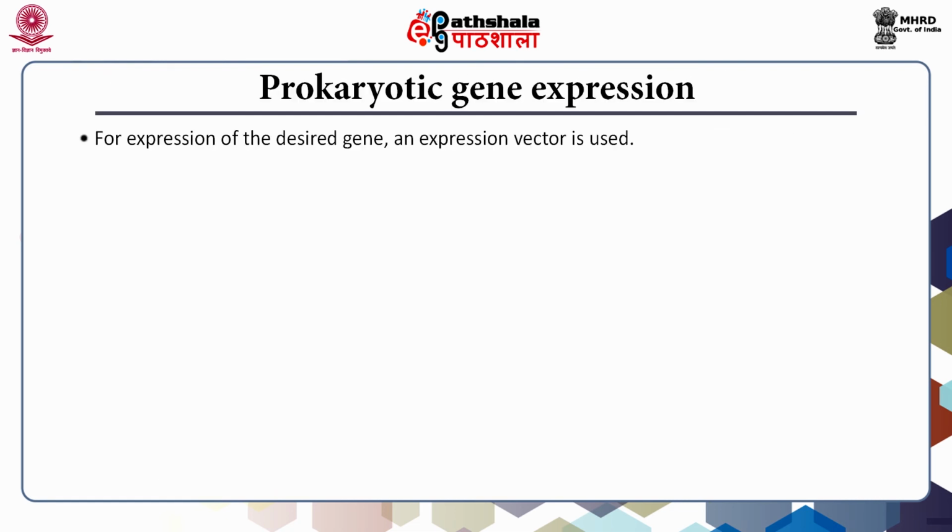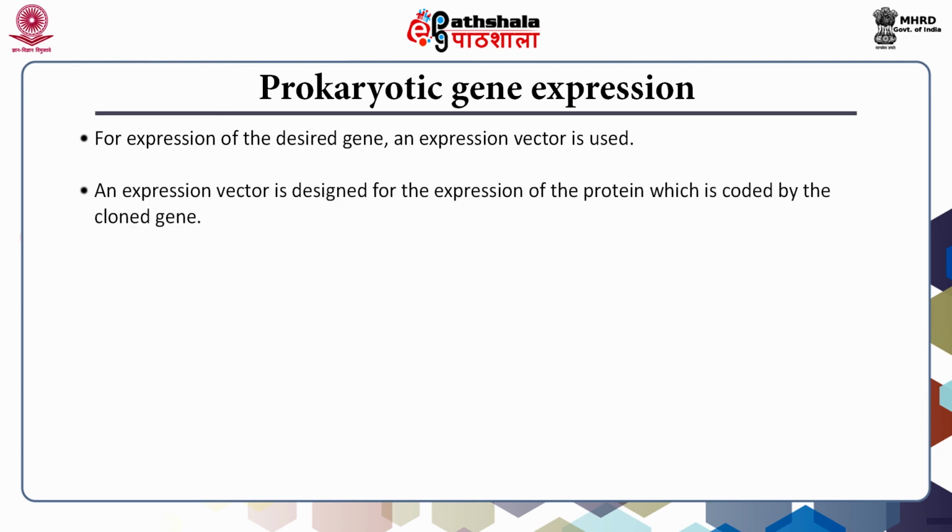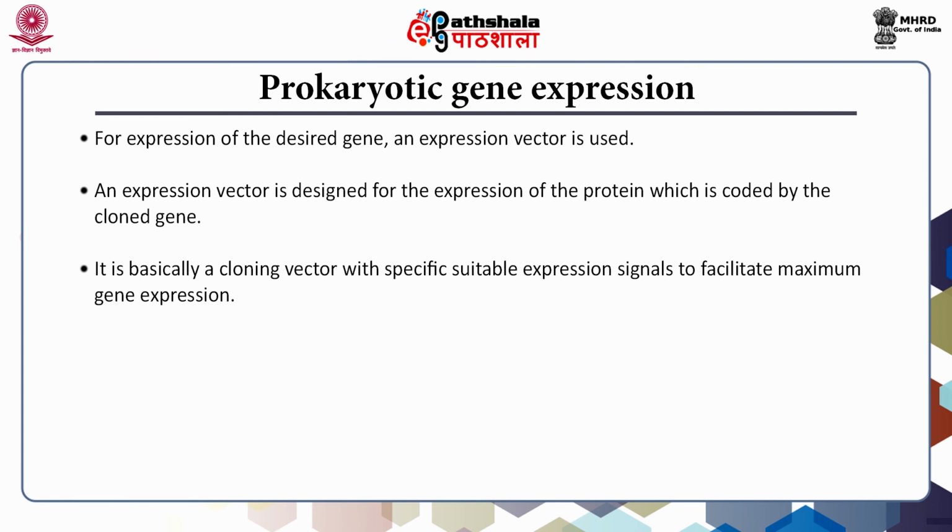For expression of the desired gene, an expression vector is used. An expression vector is designed for the expression of the protein which is coded by the cloned gene. It is basically a cloning vector with specific suitable expression signals to facilitate maximum gene expression.